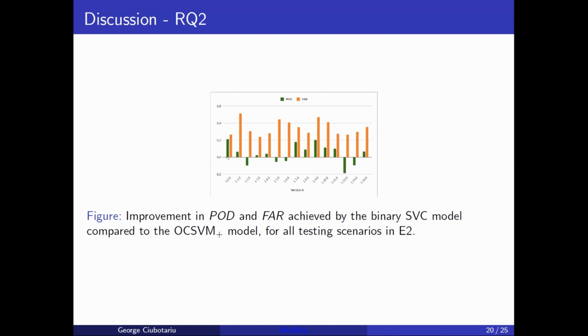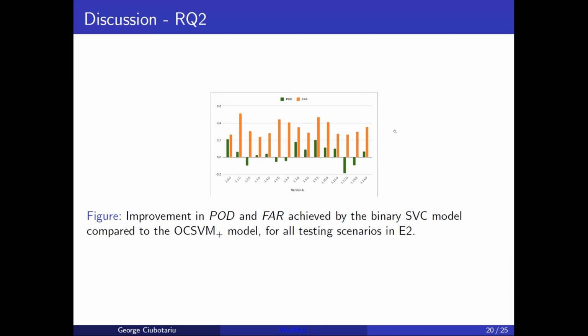In regards to the POD, we don't have a clear advantage of one class SVM over the other, the SVC, the support vector classifier. However, in terms of FAR, we have fewer false positives for the supervised model.